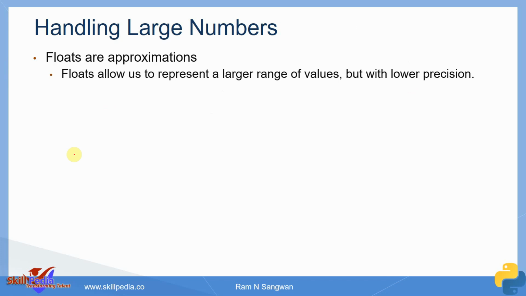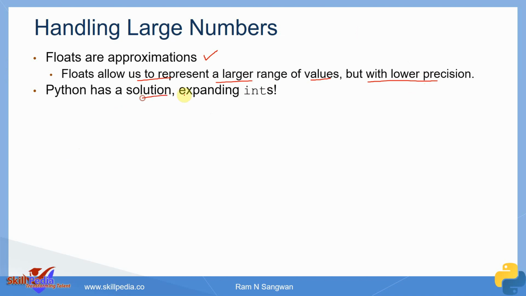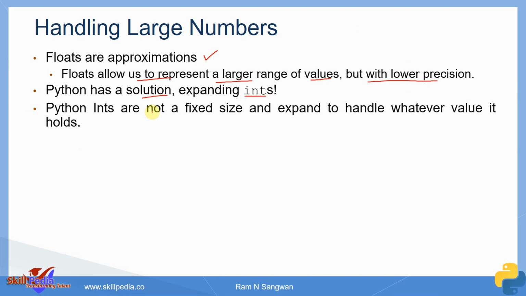Handling large numbers. Please note, floats are approximations. Floats allow us to represent a large number of values, but with lower precision, exactness. Python has a solution for it, and that is expanding integers or ints. Python ints are not a fixed size and expand to handle whatever value they hold.